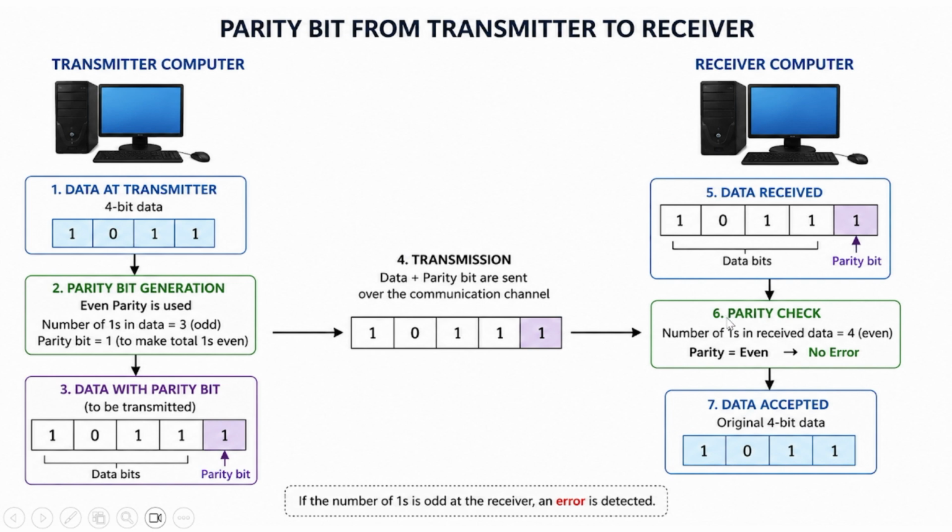The count of ones received is 4, which is even. At the sending end we sent even parity, and at the receiving end we also received even parity. That's why there is no error in the data. So the data is accepted, which is the original data 1011.